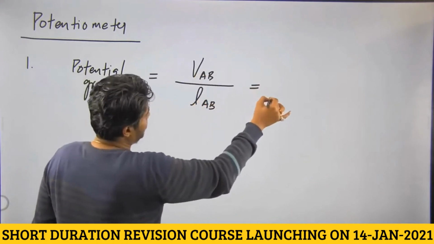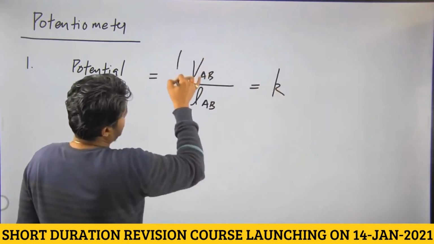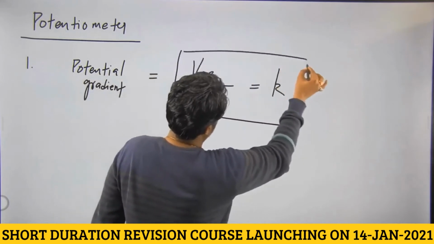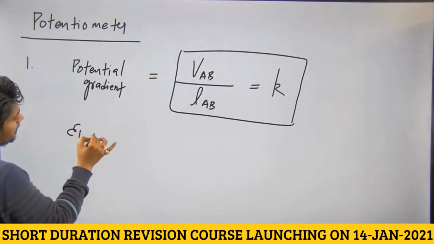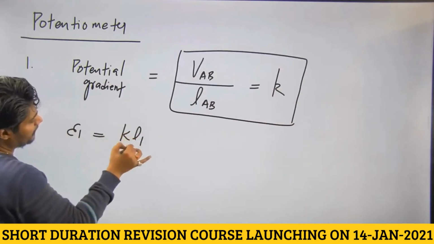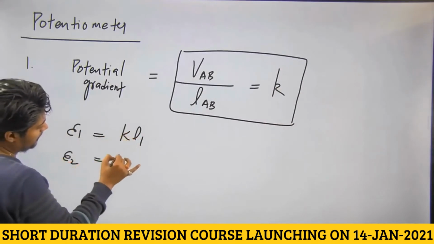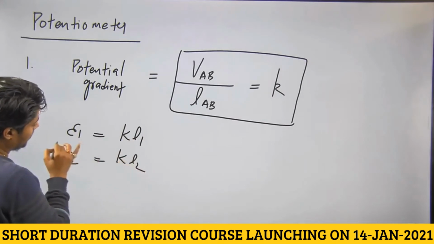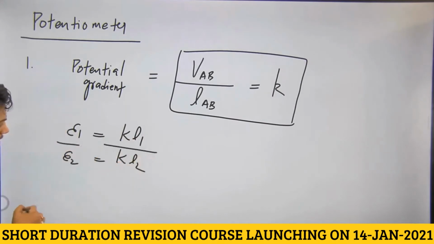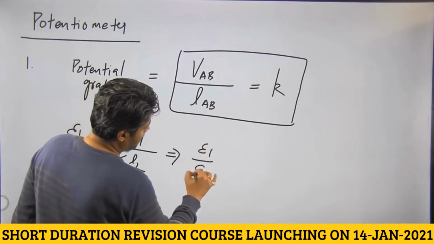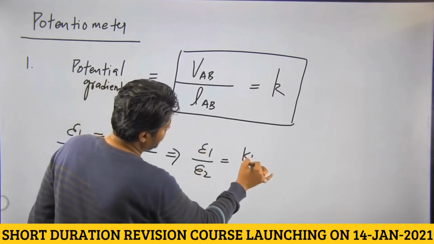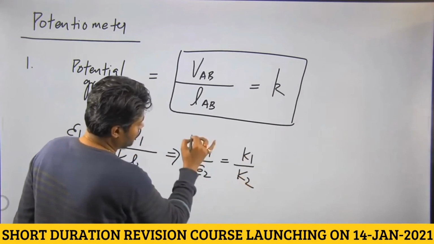This is how we define potential gradient. And the principle is E1 will be equal to K L1, E2 will be equal to K L2. So when you divide, the principle becomes E1 upon E2 will be equal to L1 upon L2.